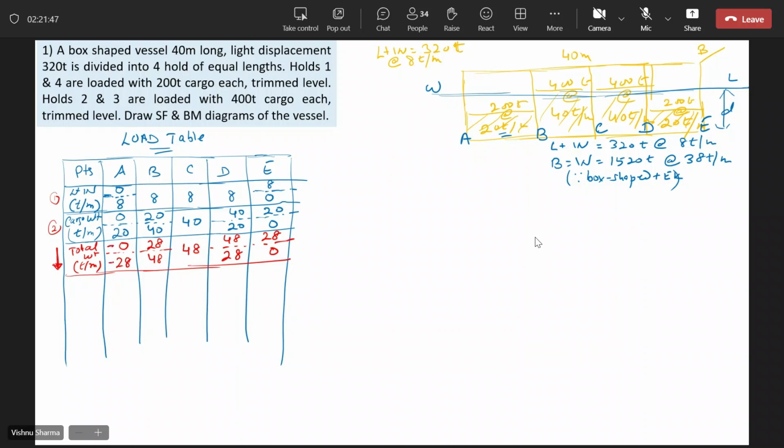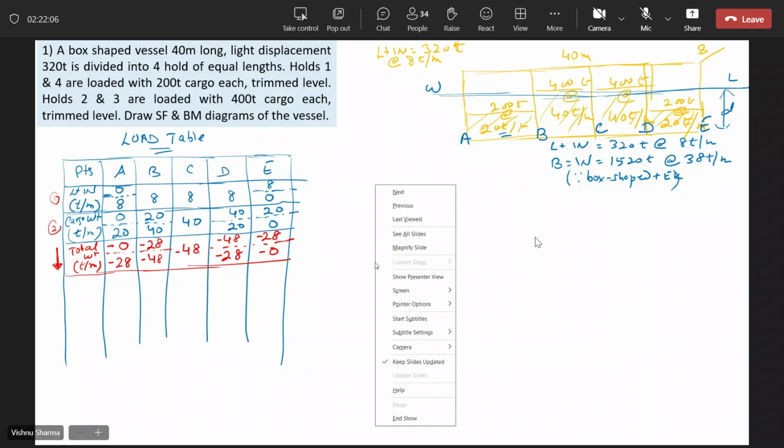So we put negative sign in front of each of them. Instead of putting negative in all the above, we can just put it here in the total. So column 1 and 2 is now summed up in this red column. So 1 and 2, the job is done. What is the other force acting on the vessel? Is it buoyancy upward? There is only one upward force which is acting, and that is buoyancy.